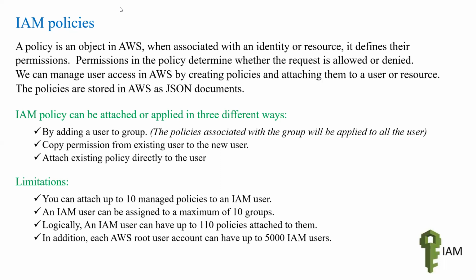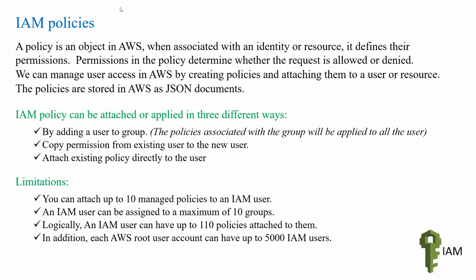Policy number 2, administrative rights for managing the Active Directory. Policy number 3 could be administrative rights for managing EC2 instances. Policy number 4 could be managing VPN, virtual private network. Likewise, 10 managed policies can be attached to a single IAM user. That is limitation number 1.